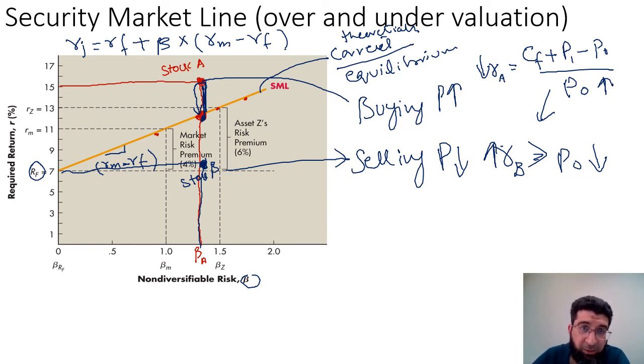However, what we theoretically believe is that the correct line is the SML. When a stock is above it, we normally buy, and when it's under this line we sell, and this behavior will lead to the mispricing of stocks being eliminated, and it will come back on the theoretically correct line. The market beta is always equal to 1. That should also be remembered.